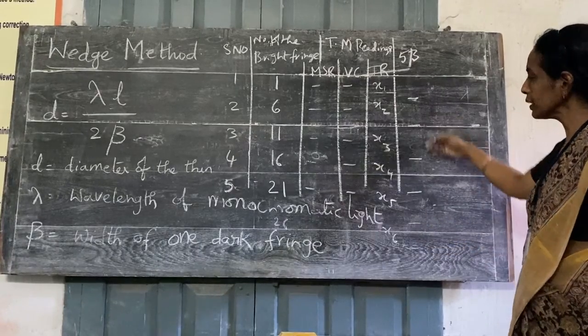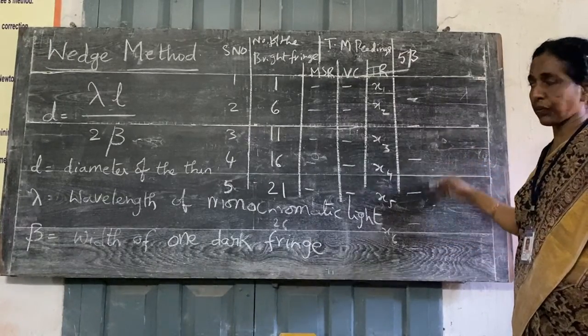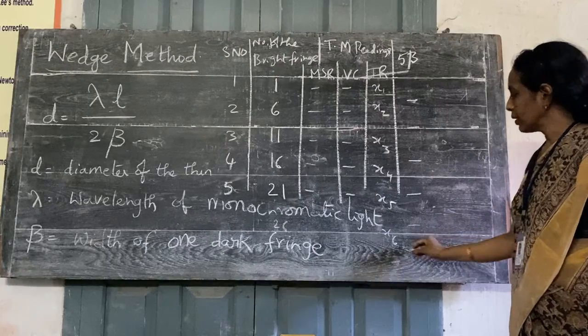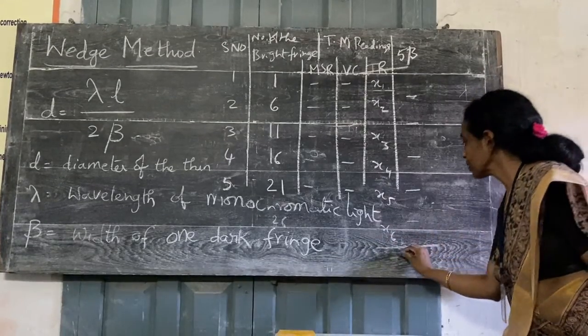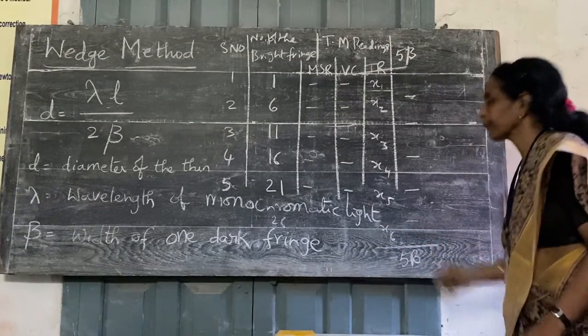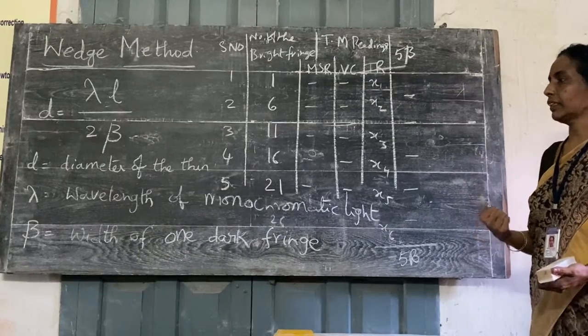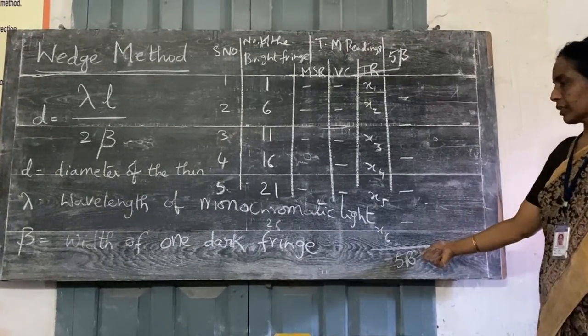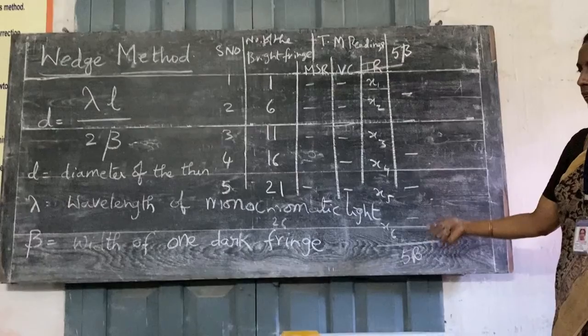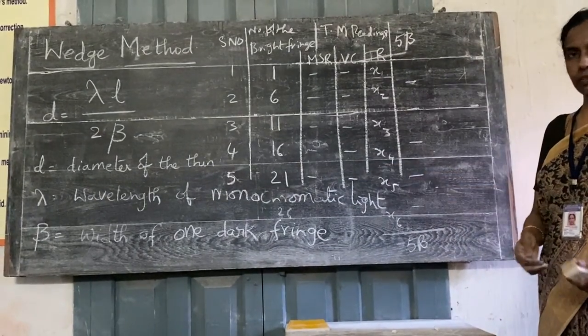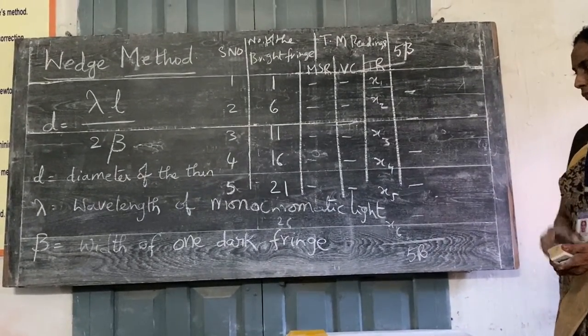More 5 betas we will get, and then we will take the average of all these 5 betas. We will get an average 5 beta. From that average, we can get the beta, that is the width of one dark fringe.